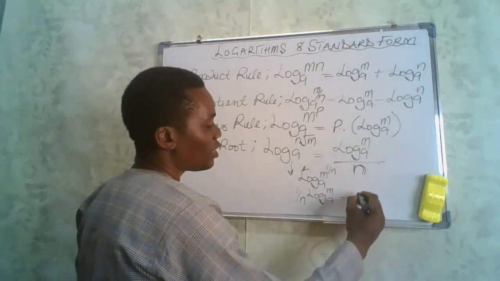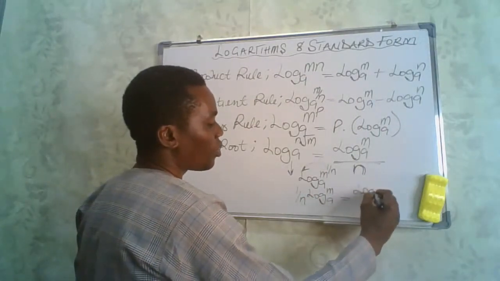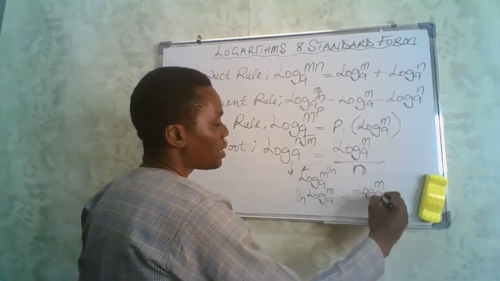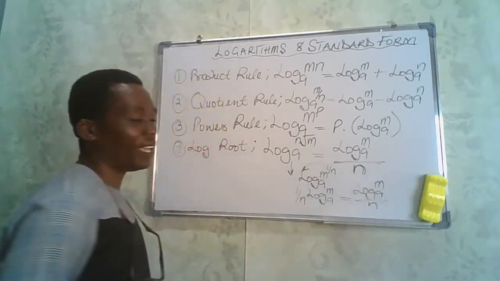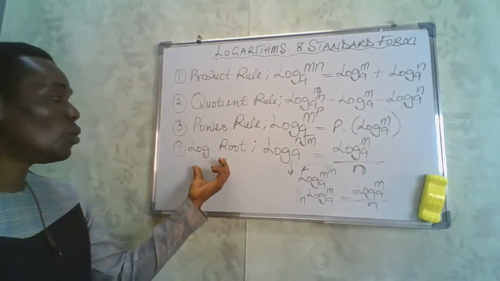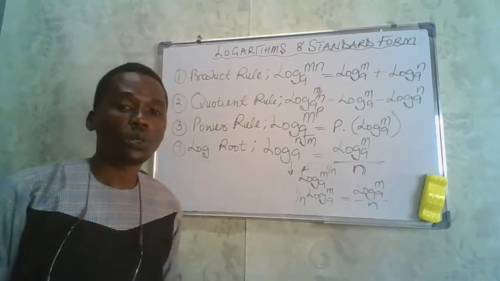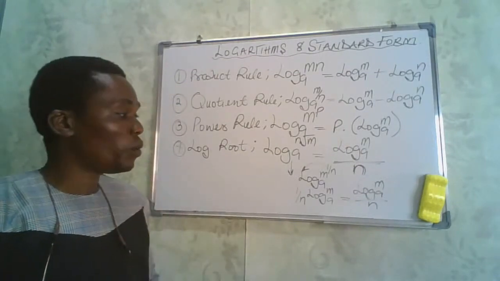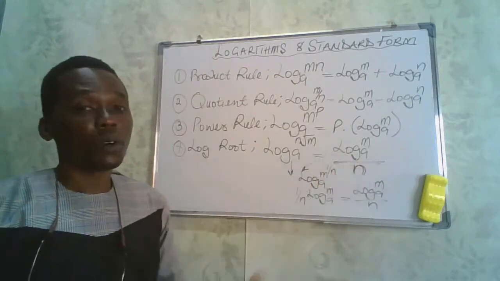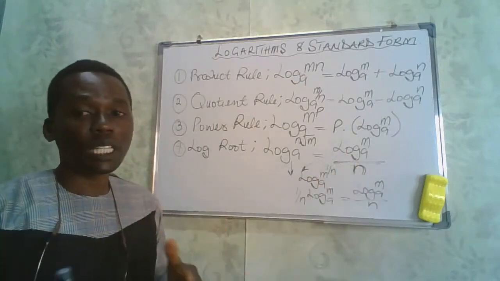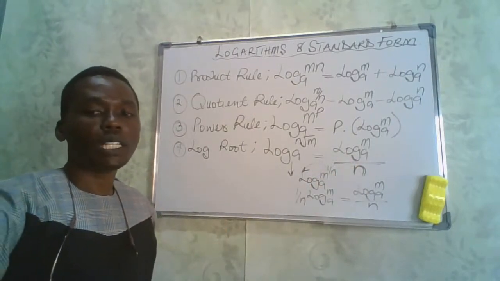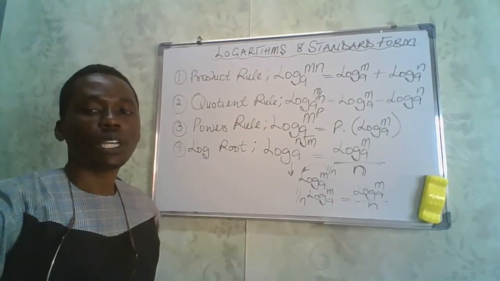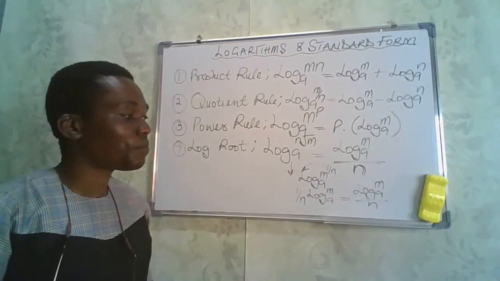If you simplify this, you definitely have the log of m to base a divided by n. So you see, this is what we call the logarithm root. So when you are given a logarithm of this form, that is the rule under the logarithm root. You can easily simplify that to get your answer.